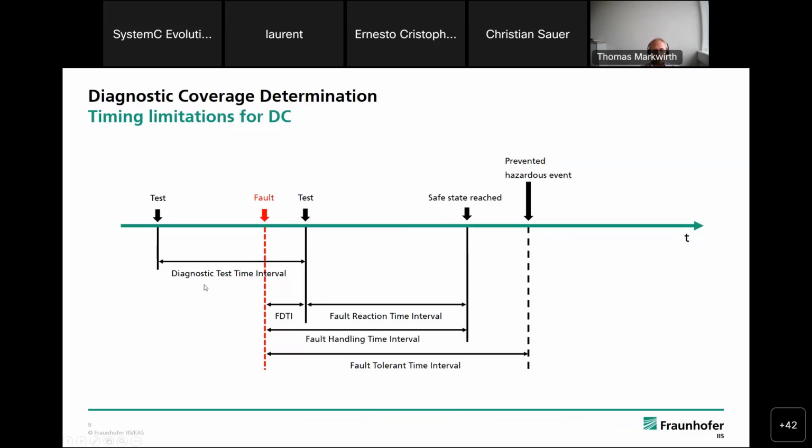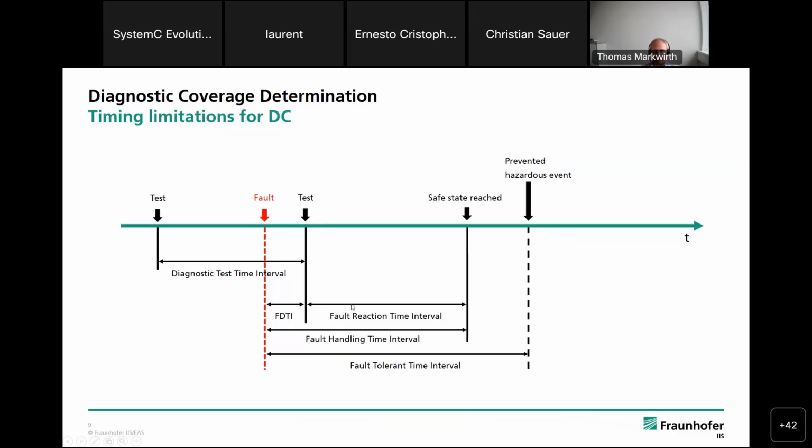We have a regular diagnostic test time interval that is defined here, and in the time between two test points the fault occurs. Here you can see there is a fault detection time interval, which lies between the fault occurrence and when the fault is detected, which happens exactly at the test point.